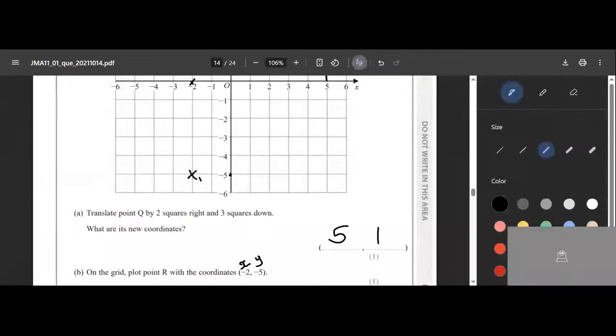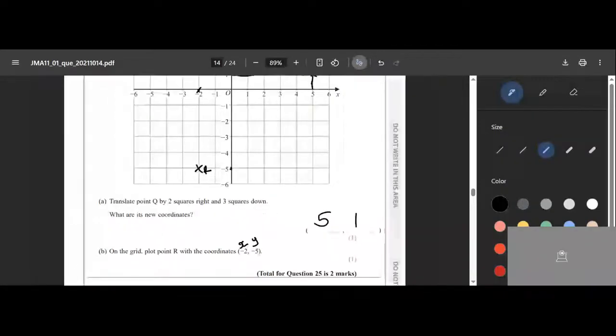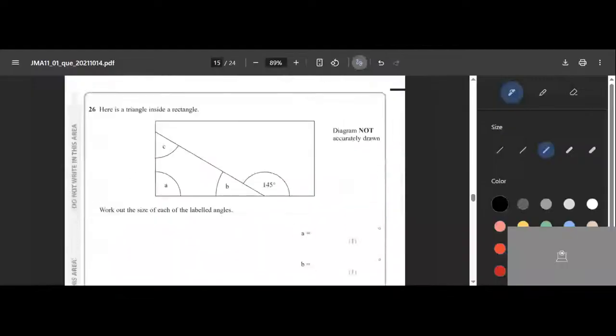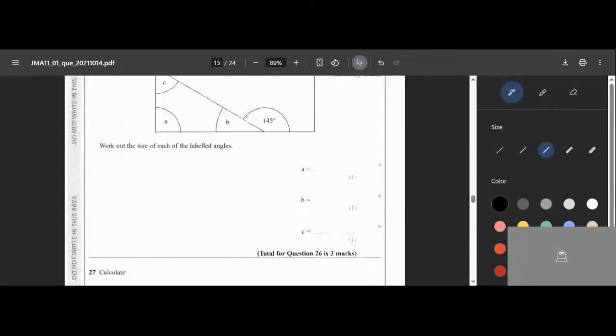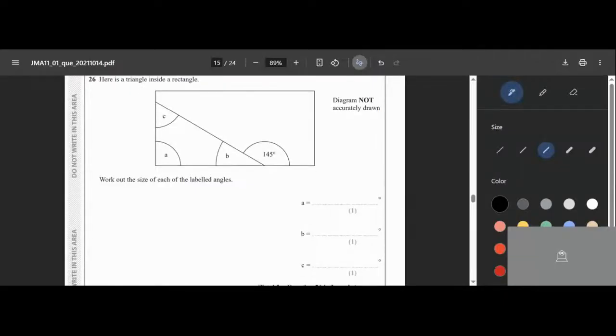So this is the point R after doing an X or a star or a dot to represent it by labeling it as point R. Then now we can proceed to the next one. The question says to work out, which means you have to show how you have obtained your answers. So what you do, we have to work out these coordinates of every labeled side.